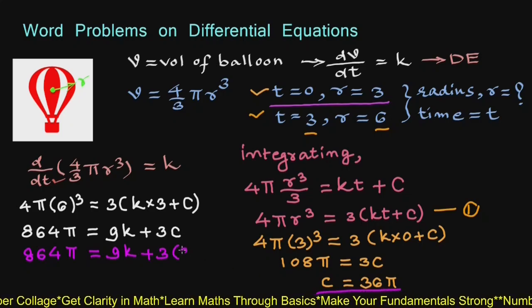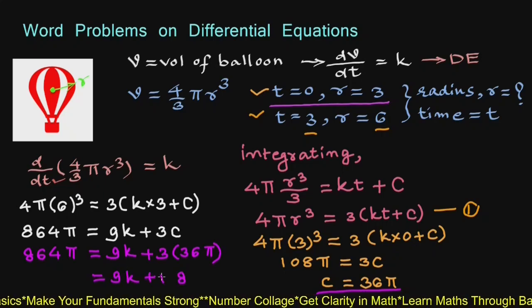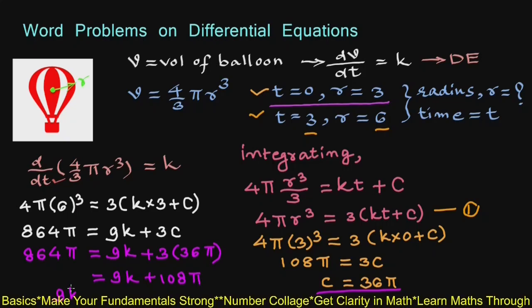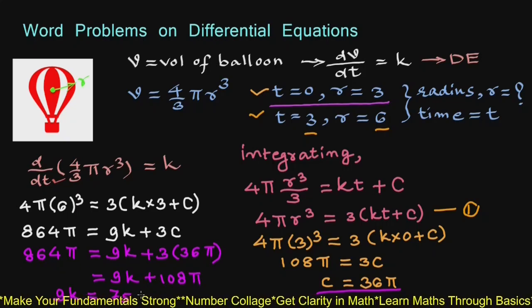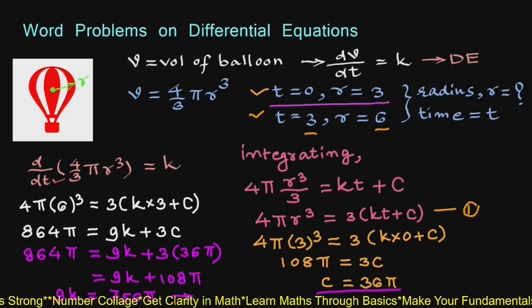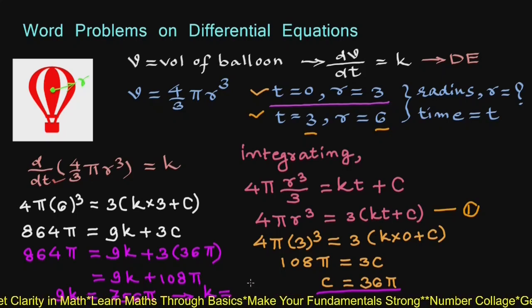So 3 into 36 pi is 108 pi, so 864 pi equals 9k plus 108 pi. 9k will be 864 pi minus 108 pi, 756 pi. After solving further, it gives k equals 756 upon 9, 84 pi.